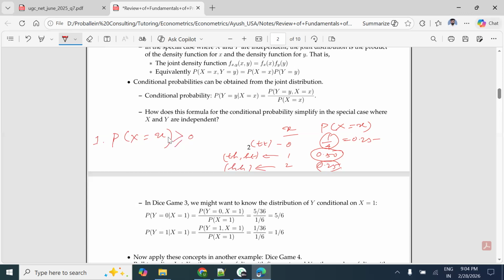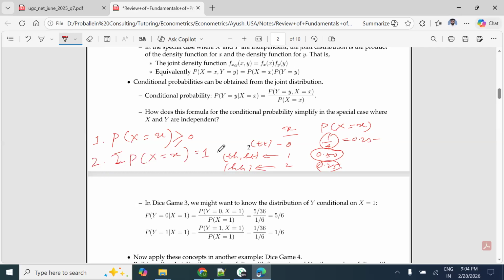It means probabilities are non-negative numbers. Second, the summation of P of X taking the value small x will be equal to 1.